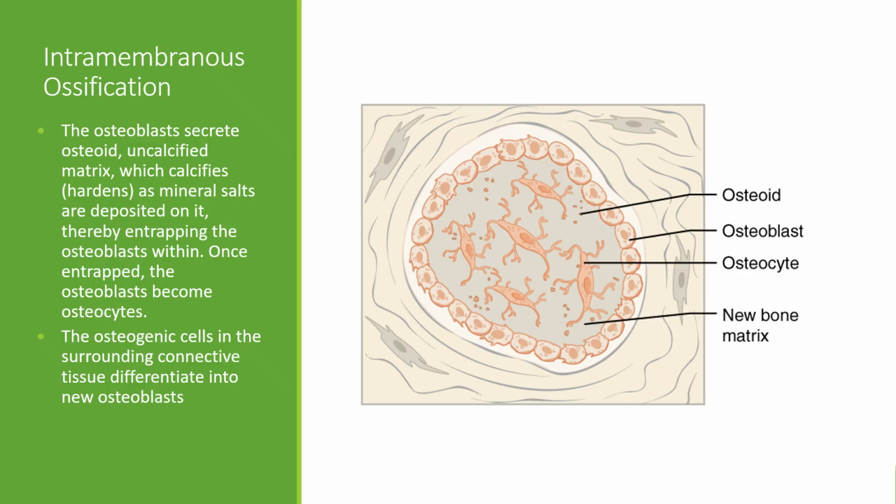That's going to calcify or harden as mineral salts are deposited onto it. And it's going to trap those osteoblasts within that matrix that it's making. Once they're entrapped, the osteoblasts are going to convert and become mature bone cells called osteocytes. The osteogenic cells in the surrounding connective tissue differentiate into new osteoblasts.